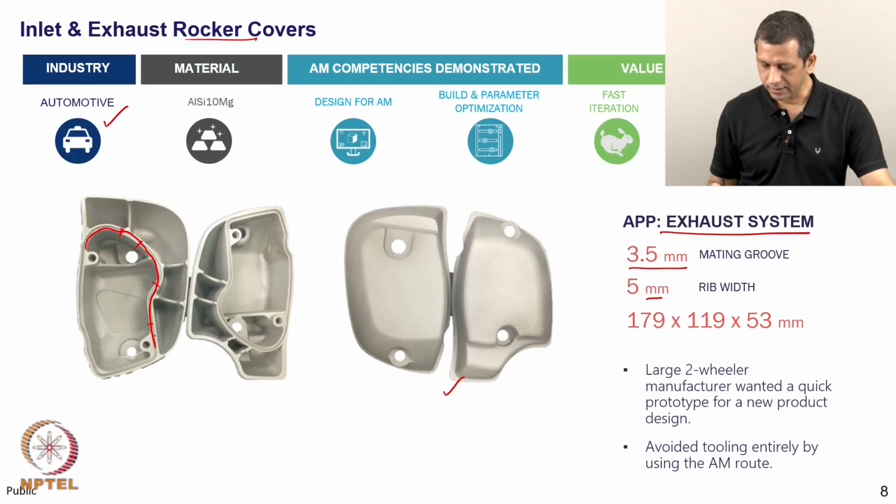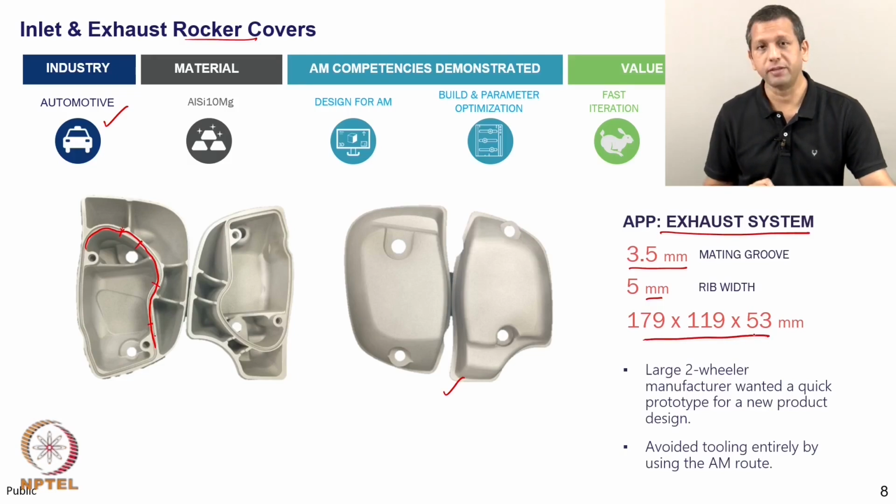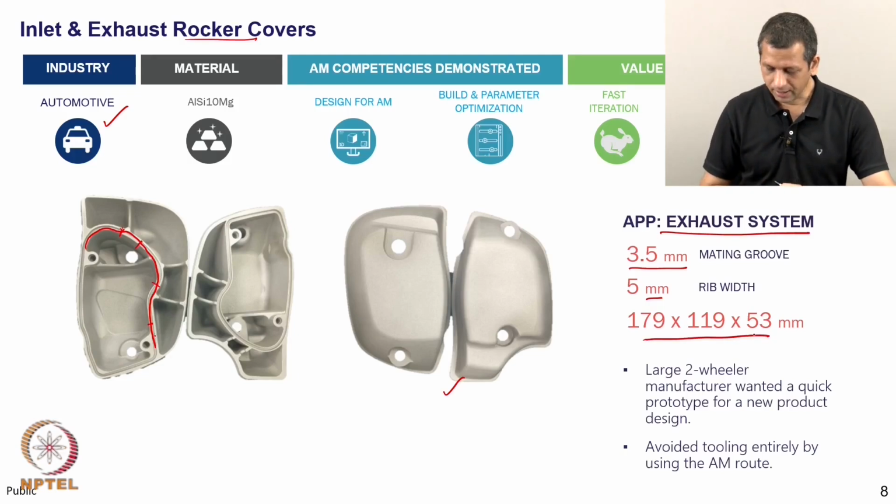The overall size of this component is 179 by 119 by 53 mm, and this requirement came from large two-wheeler manufacturers who wanted to try a new design, a new concept.